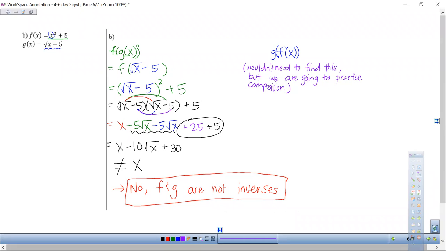Okay, so what that means is that I'm going to take g and I'm going to plug in my equation of f. My f equation was x squared plus 5. Okay, so I'm taking g, which is the square root of x minus 5, and I'm plugging in x squared plus 5 where that x was under the square root.